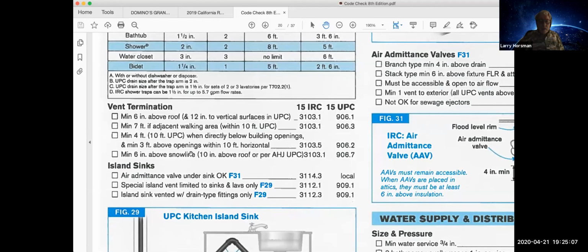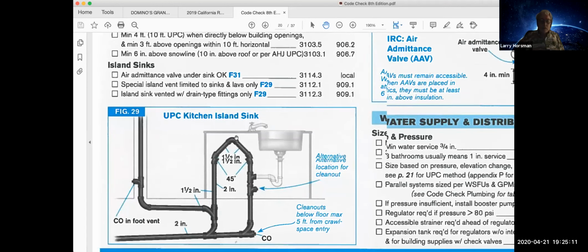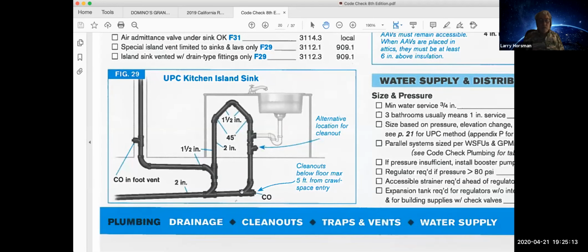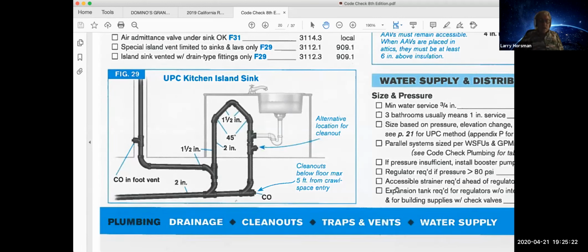And then we don't care about island sinks. So this is a Uniform Plumbing Code way to vent an island sink. These days, if you watch that Do It Yourself network, if you're remodeling or you're buying a new house, you have to have an island sink or an island of some sort.